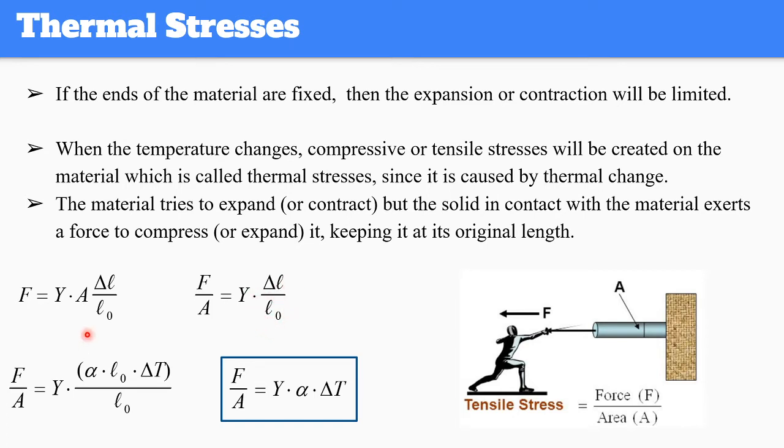If you also replace delta L, because delta L also has an equation, alpha L0 times delta T, then the L0s will cancel out. Then your thermal stress is equal to Young's modulus times the linear expansion coefficient times the change in temperature. So depending on what is known, you can use either one of the equations.